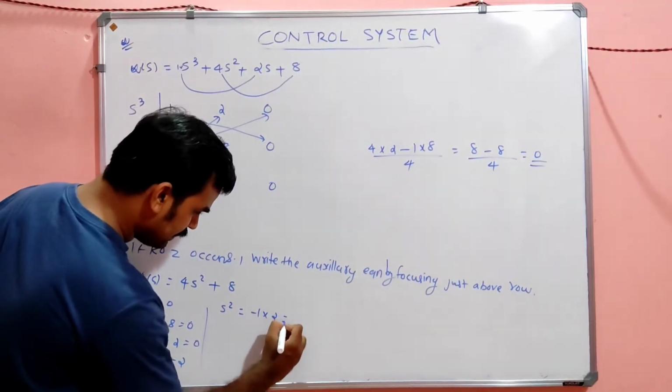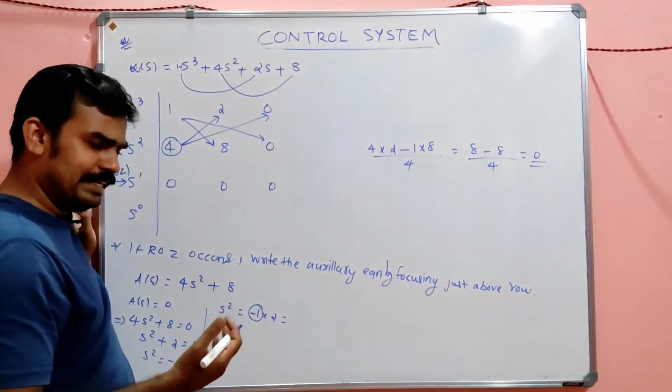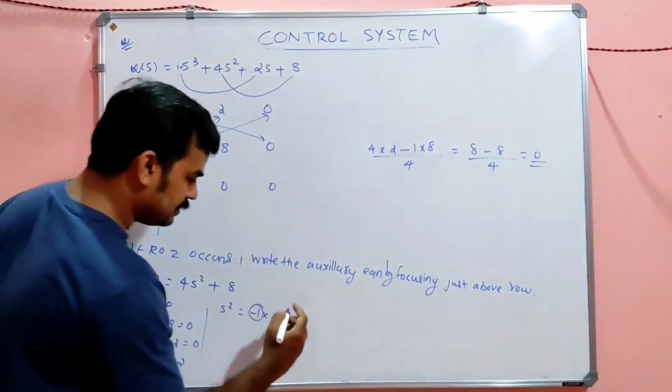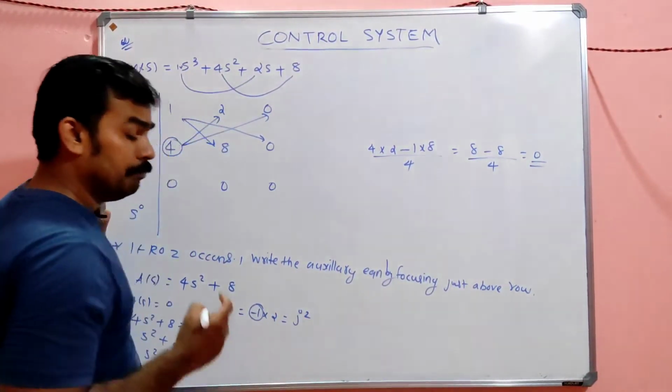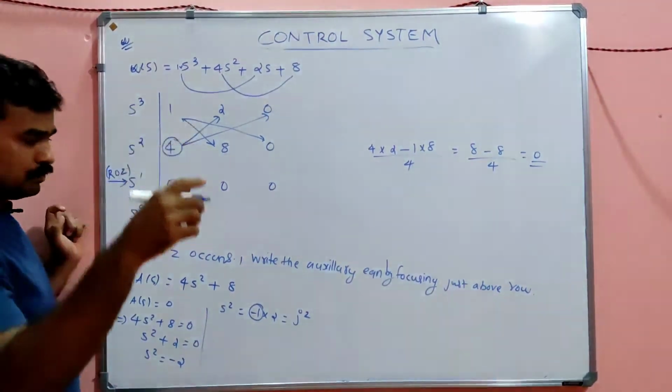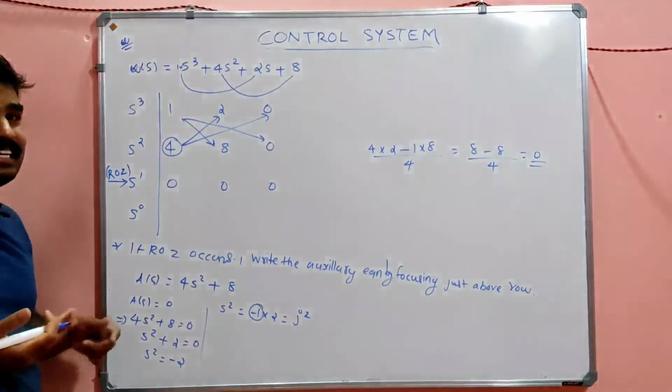Now what is minus 1, my dear? Minus 1 is nothing but j square, correct? Because j is equal to root of minus 1. So the symbol minus 1 I can write like j square.